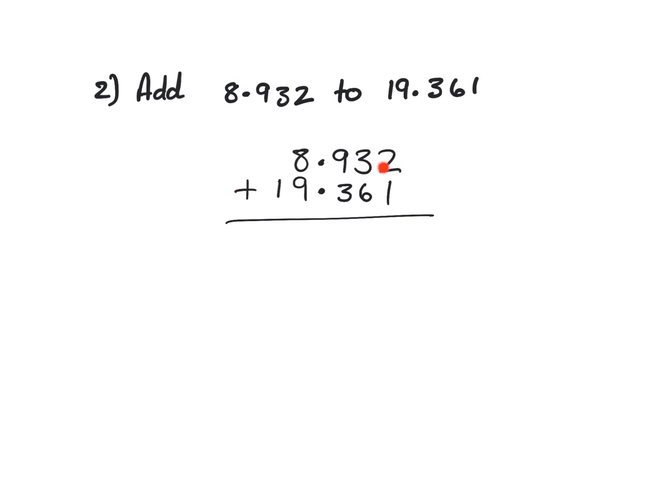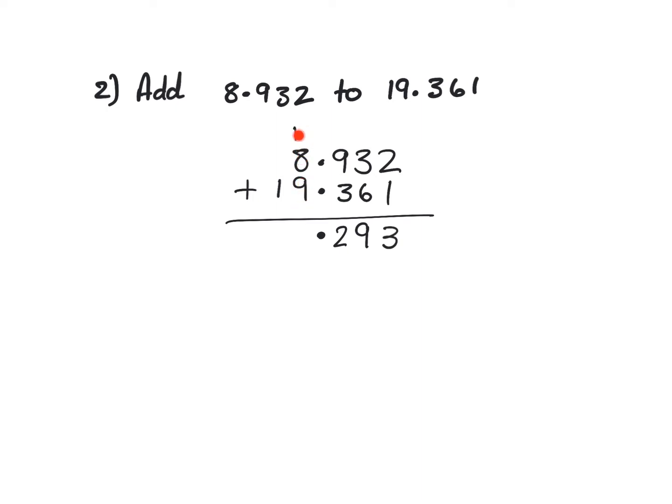So I'm going to go 2 add 1, and that will give me 3. 3 add 6 is going to give me 9. 9 add 3 is going to give me 12. Decimal place. And now we're going to add our ones up.